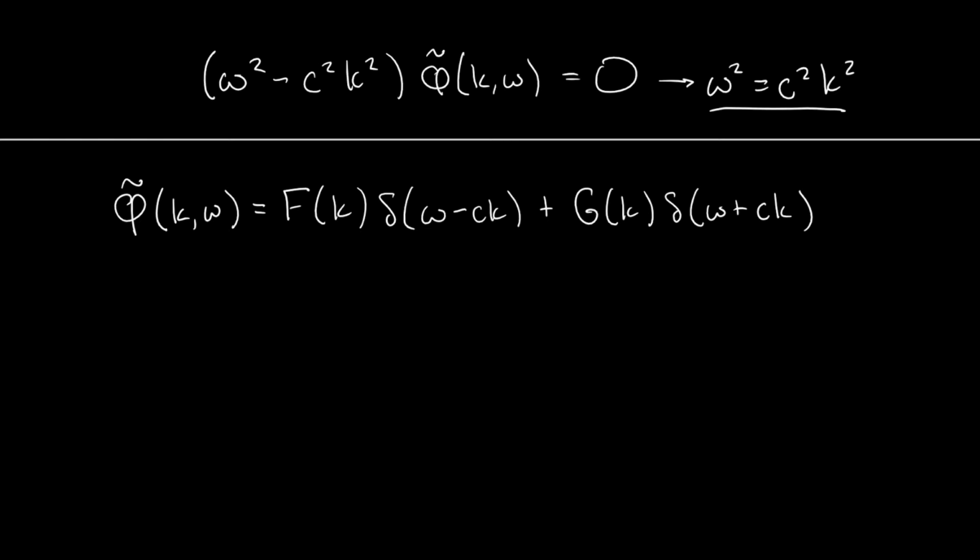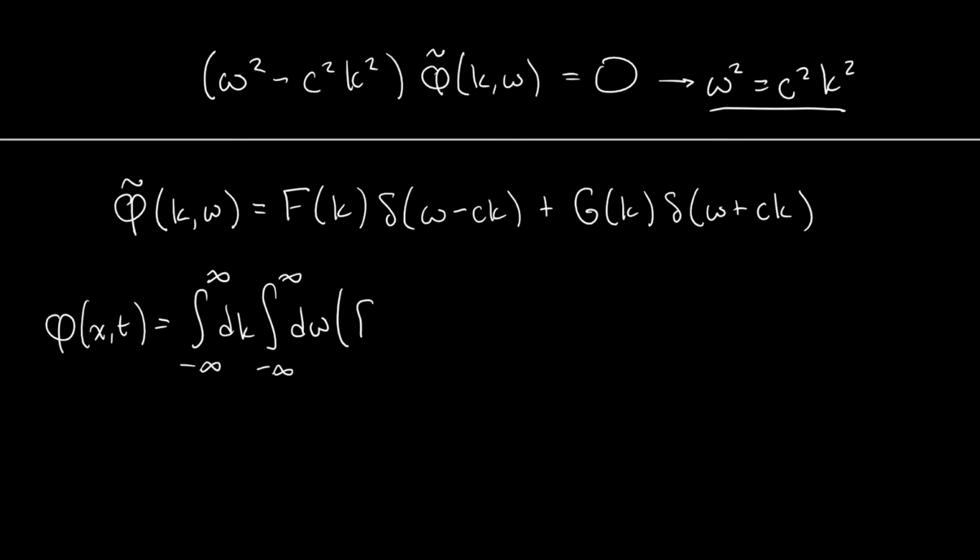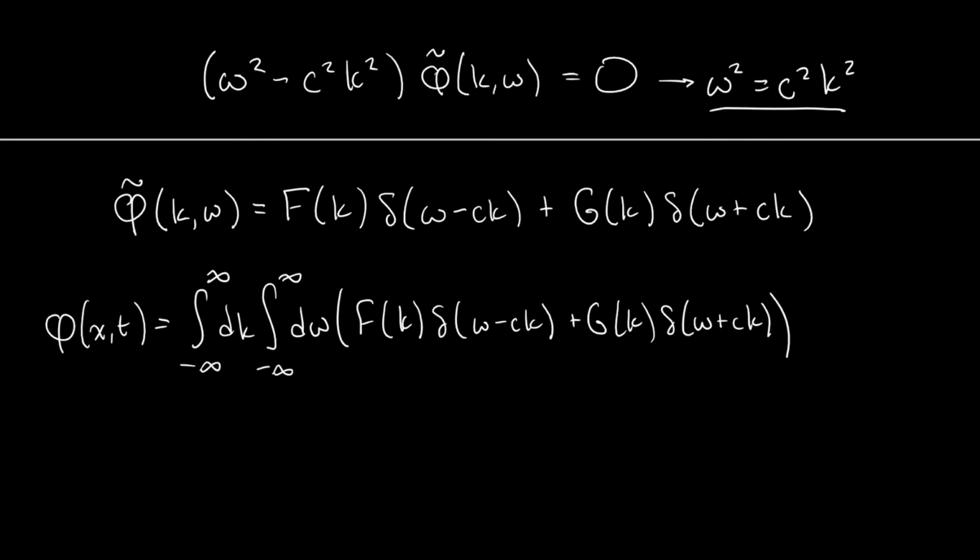Okay, so now I just do the inverse Fourier transform of this, right? So I just say phi of x comma t is equal to the integral from minus infinity to infinity dk, integral d omega, f of k delta omega minus ck plus g of k delta omega plus ck, and then my exponentials, e to the i k x, e to the i omega t.